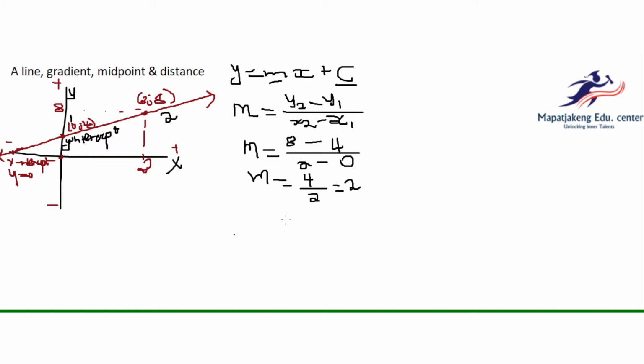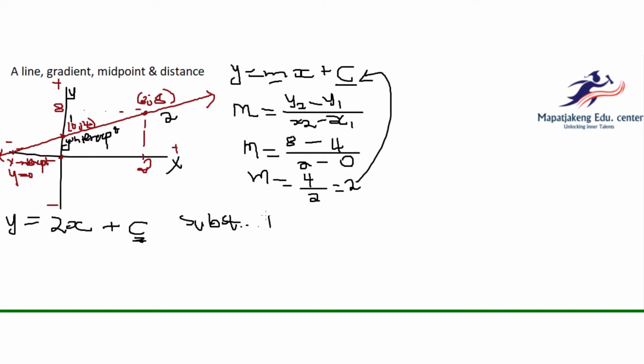Now we are looking for c. Then we substitute m into the standard version, whereby we get y equals 2x plus c. Now the only thing that's left is to get the c. I've explained to you that c is just the y-intercept, right? Where it cuts, meaning our c is 4. But we can calculate it by substituting one of the points.